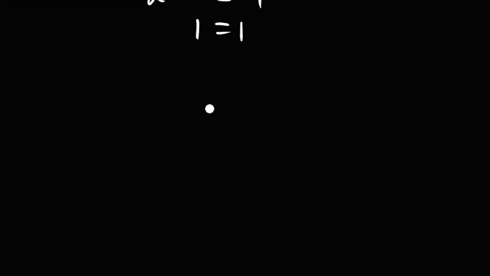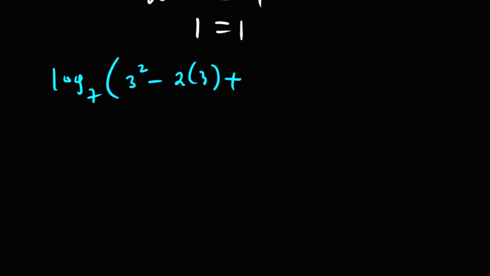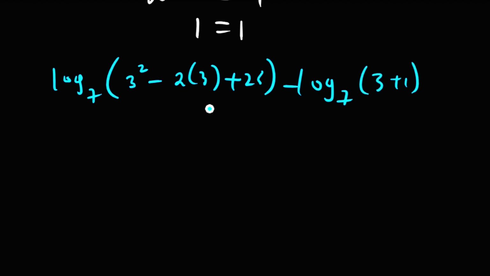You can also check the second solution, that is 3. We have log to base 7 of (3 squared minus 2 times 3 plus 25) minus log to base 7 of (3 plus 1), and we check if that will give us 1.